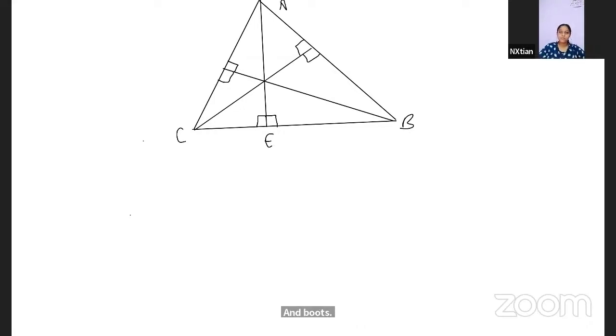Okay. So an altitude of a triangle, you can write the definition.